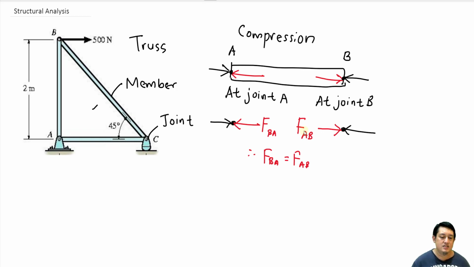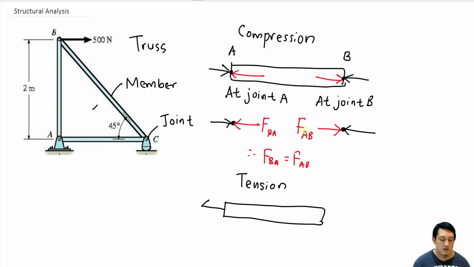What about tension? I mentioned earlier we have two kinds of force condition inside the member. Tension is the opposite of compression. It means that we want to pull the member, in this direction.